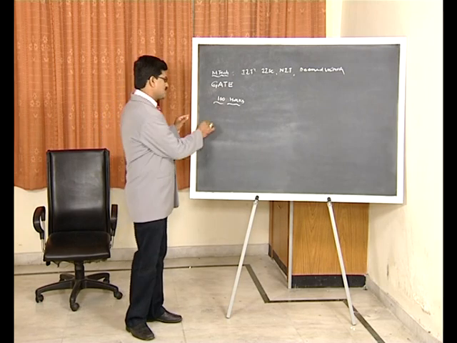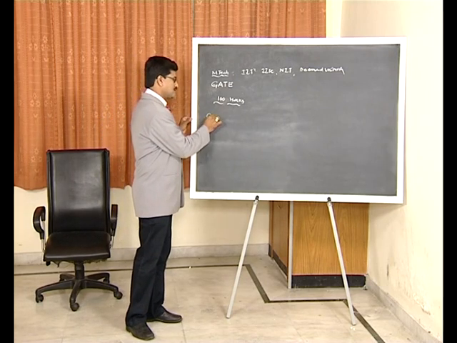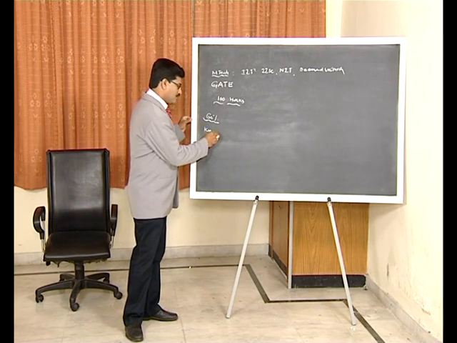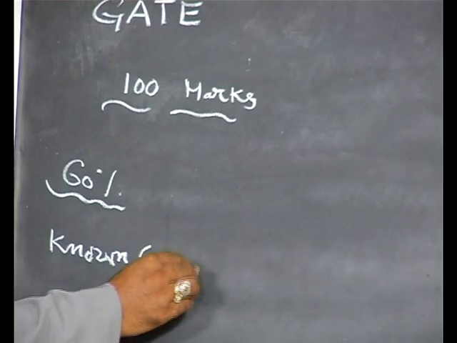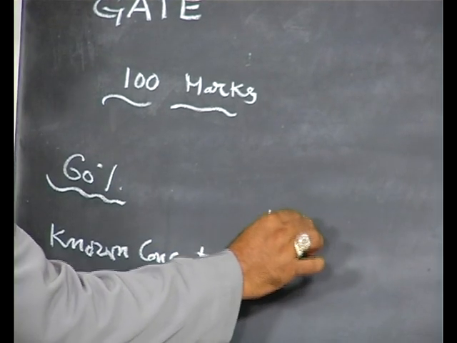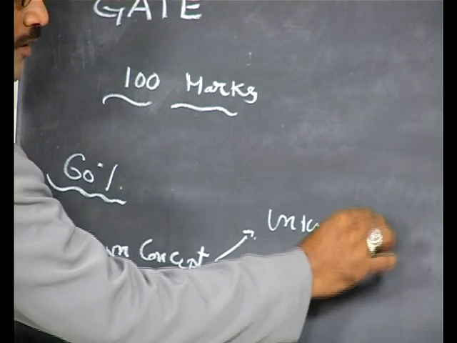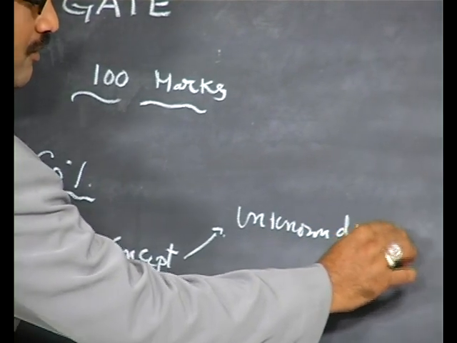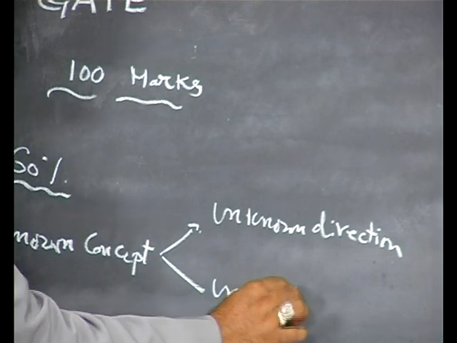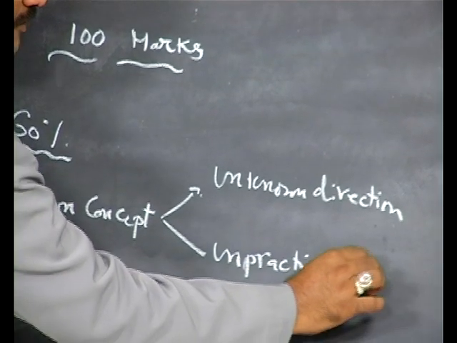So 60% of the questions from the question paper belong to the first category: known concept in unknown direction or unpracticed direction.